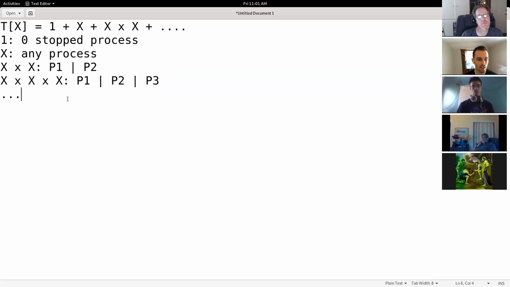So if we were to look at the collection of all of our processes and this operation and this process, which will be the unit for that operation, this form is what they call a symmetric monoid, which basically just means that you can literally think of par as a multiplication operator, and stopped process as kind of like the one element or the unit element for that operator.